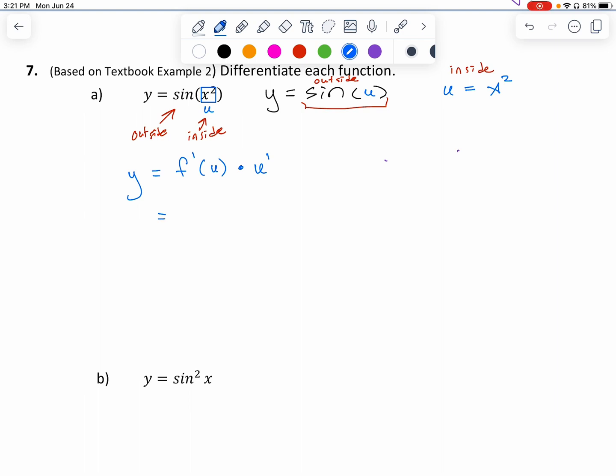So the derivative of sine is cosine, and the inside function, we don't change it for that first step. And then we multiply it by the derivative of the inside function. So that's derivative of u in terms of x, and u here is x squared. So I'll put an x squared right there.